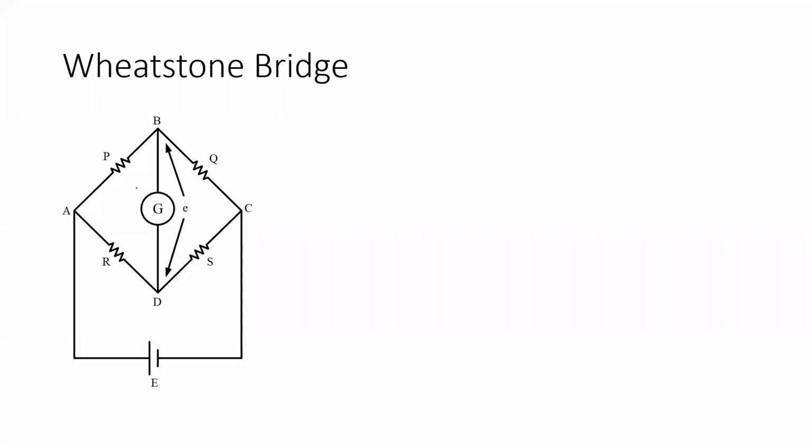When the bridge is balanced, the current through the galvanometer is 0, so the potential difference between these two nodes B and D should also be 0. If the potential difference is 0, then considering this loop, if the current is I1 and this current is I2, the voltage drop across this resistance and across this resistance will be equal, which we can represent as I1P equals I2R.